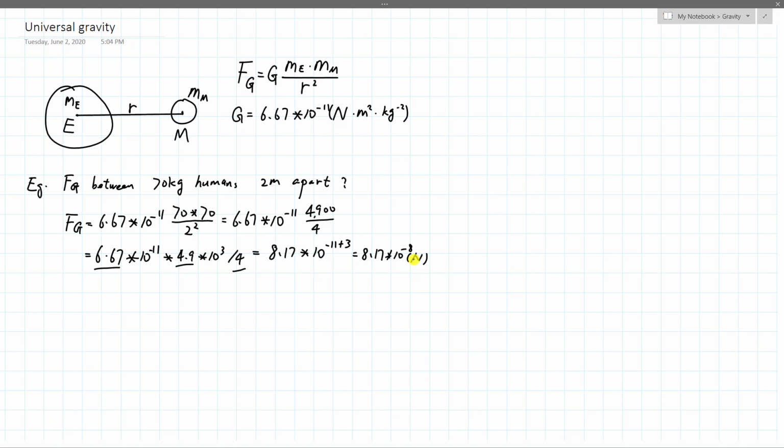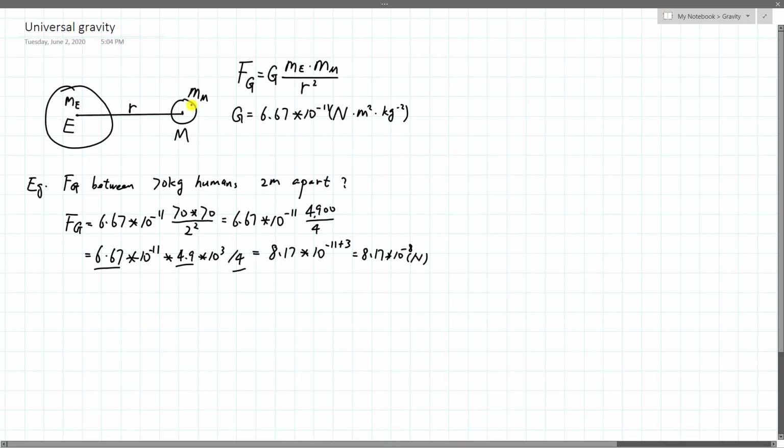But if we just change the scale to calculate the Earth and the Moon, so let's see, we have another example. The mass of the Earth, if I recall correctly, is 5.98 times 10 to the 24th power kilograms.